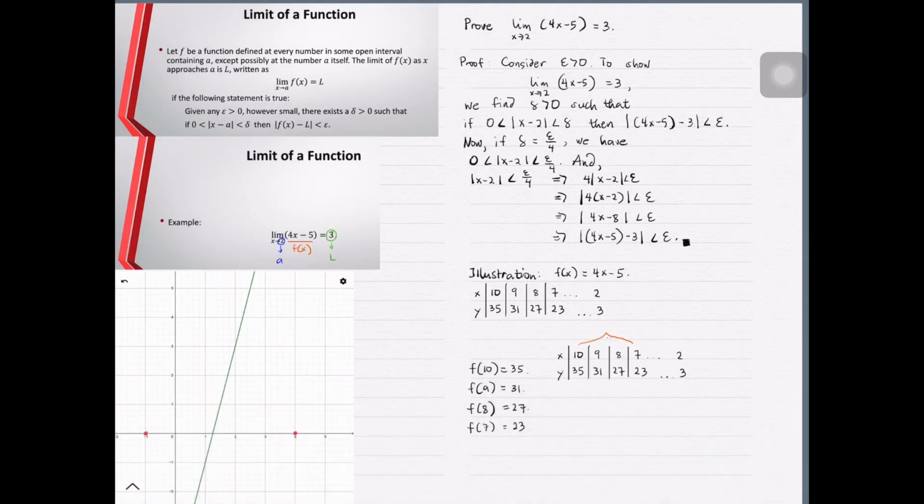As noted, the increment for x's here is 1, but notice that the increment for y's here is 4. So every time we move one step in x's, that corresponds by 4s in y's.